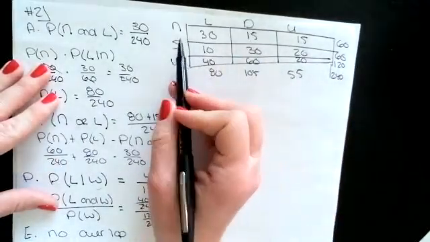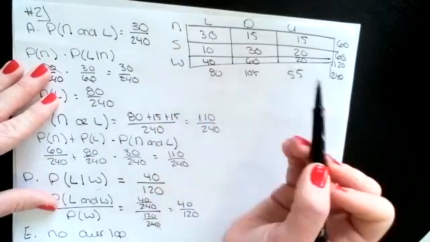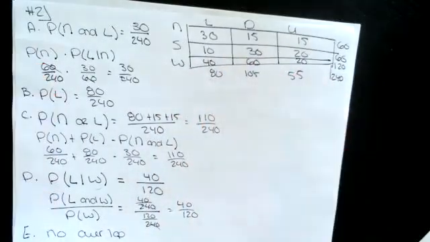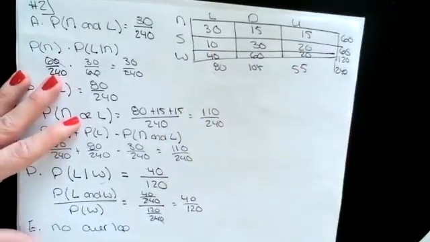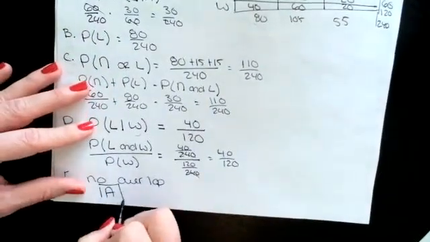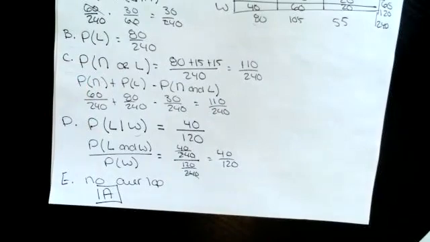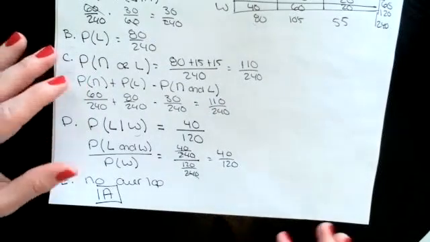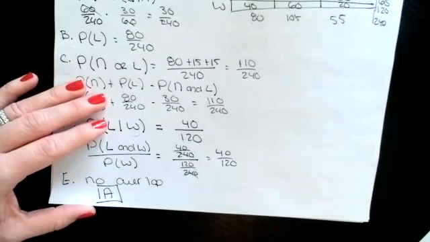So any two regions, like someone can't live in both regions, right? Or they can't have both two opinions. That's all that means. So if you're looking at this, the answer is A, because I have uncertain and dislike, which are two opinions, and we can't have both. So it's no overlap.